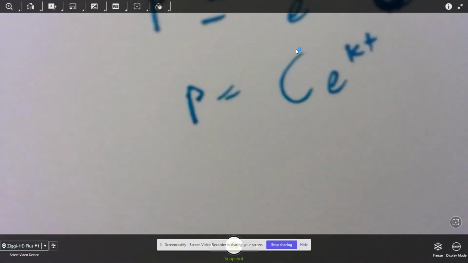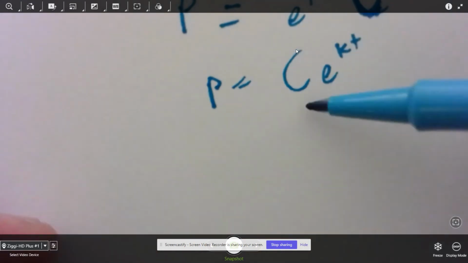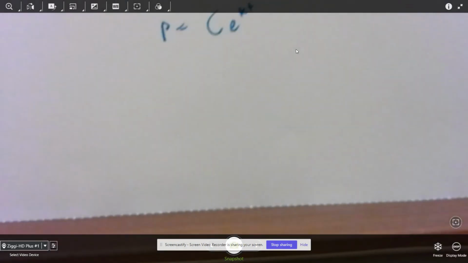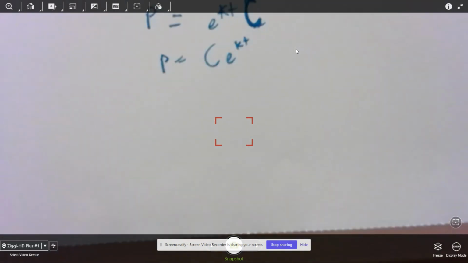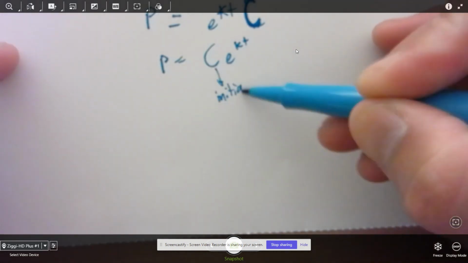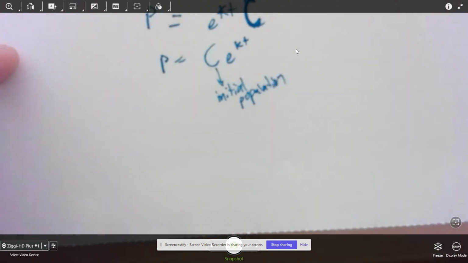Uh-oh, they both look very similar. The only difference is that giant C, what we found out is this. Let me back up. Sorry, it's not as easy writing as you think with this camera. It's a nice camera, but it's a bit hard to work with. This is the initial population, or the initial value of whatever you're dealing with.